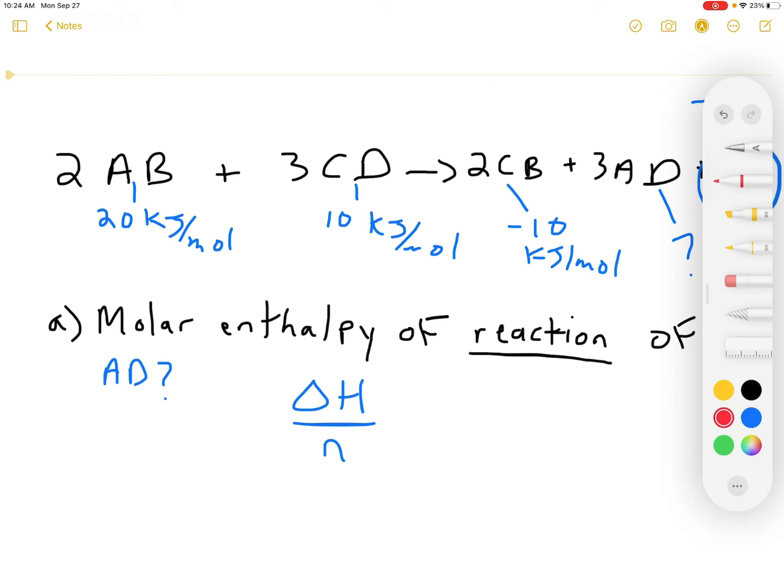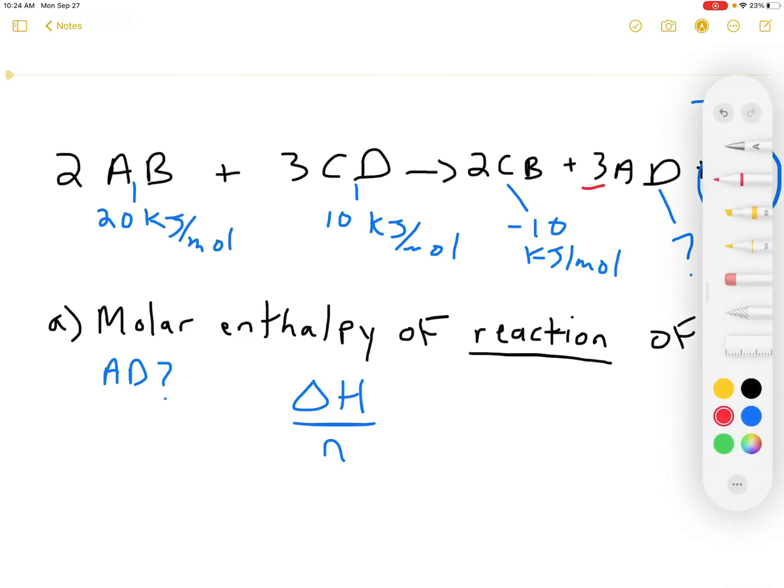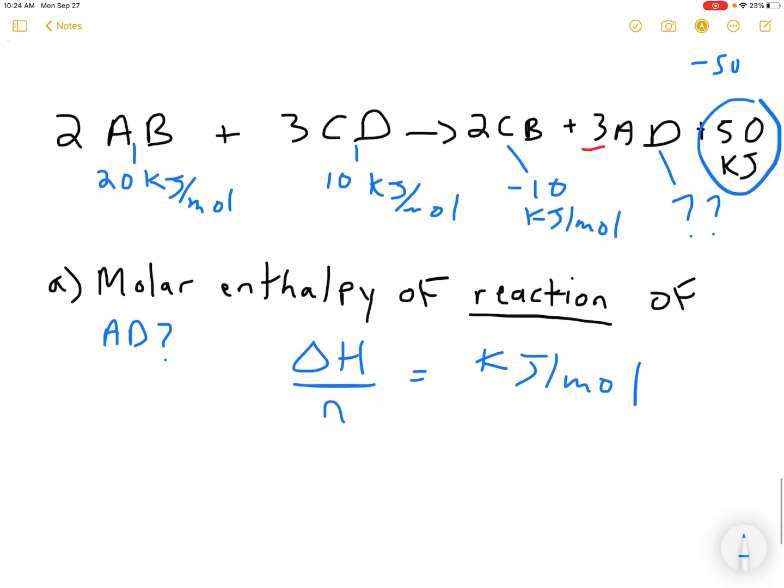And like we said before, the coefficients represent the number of moles in the reaction. So we have delta H divided by n is equal to the molar enthalpy, which is the kJ per mole. And in this case, it would be negative 50 over, and the amount of moles is 3.